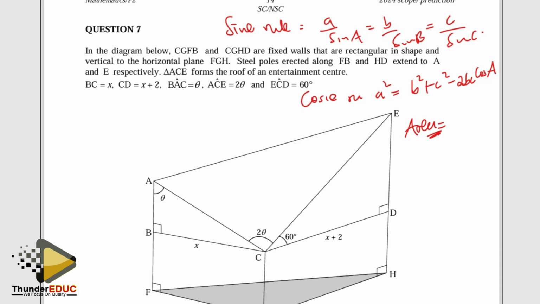With the area rule, you need to look at 2 adjacent sides together with the angle.